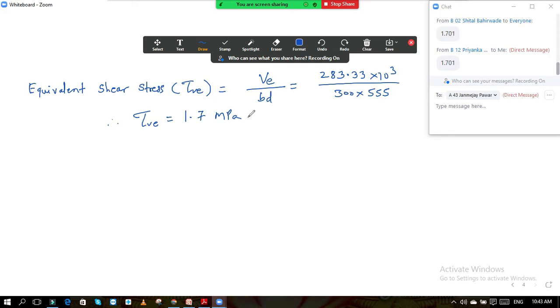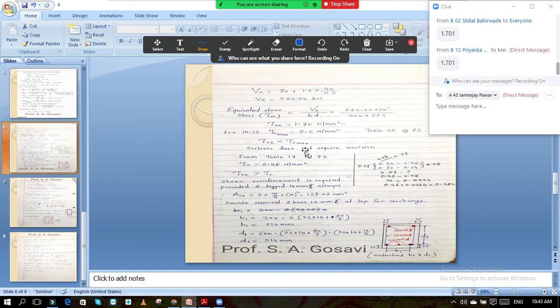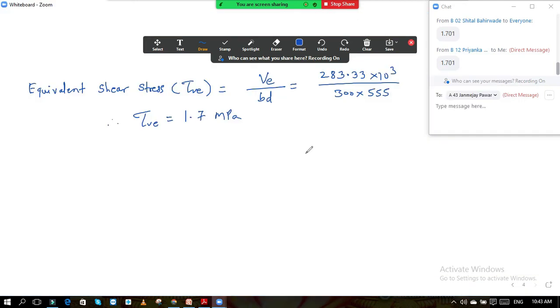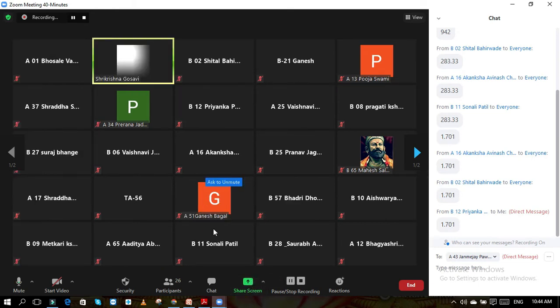So remember these things. Now here, what is our equivalent shear stress tau VE? It is 1.7 MPa. Now we will move to our IS code and see the maximum shear stress, and then we will calculate the permissible shear stress.